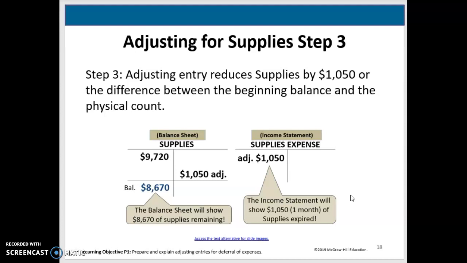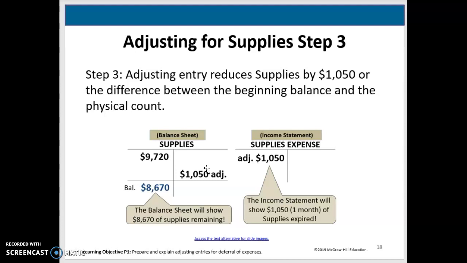So if we started with $9,720 and we ended up with $8,670, if we subtract the difference, we get a difference of $1,050. So our supplies are going to be reduced by supplies on hand. The supplies in our closet, we've used $1,050 of it. So we're going to make sure that we adjust our account by that.